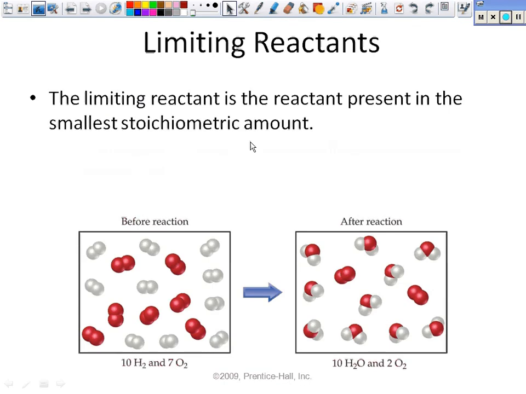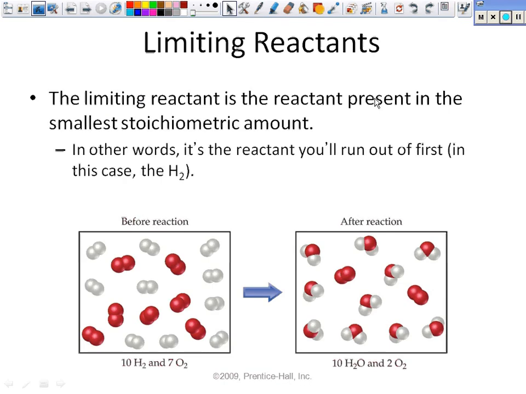All right, looking at this particular picture, and this is a particular model that I really want you guys to understand. Simply looking at this picture, first and foremost, we know that hydrogen and oxygen are going to form H2O, correct?